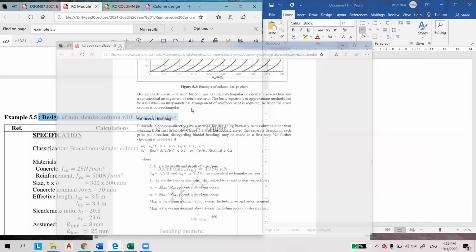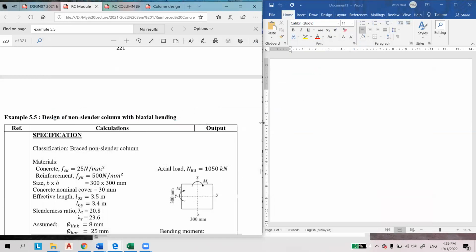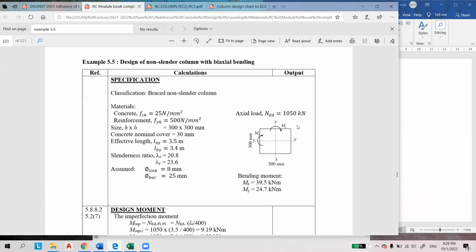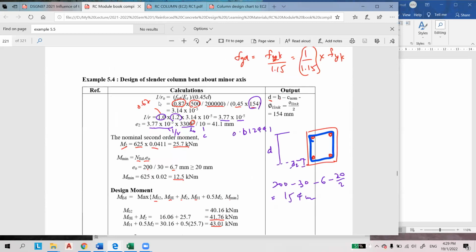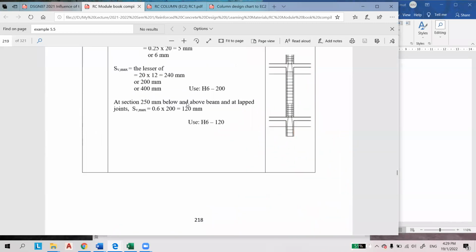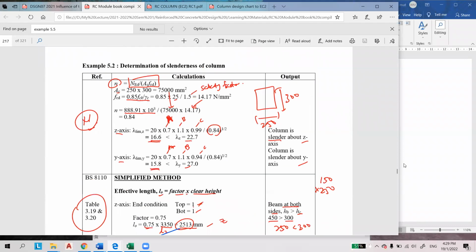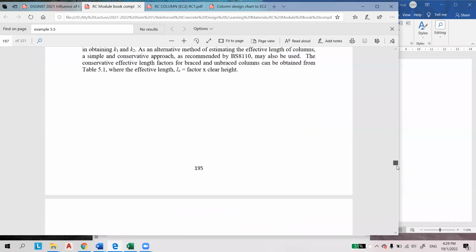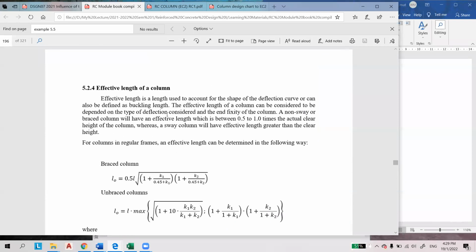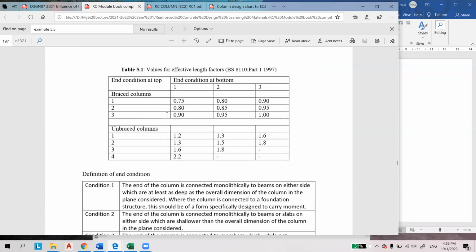Let's take a look at this Example 5.5. You can read the details of the question here, including the effective length.